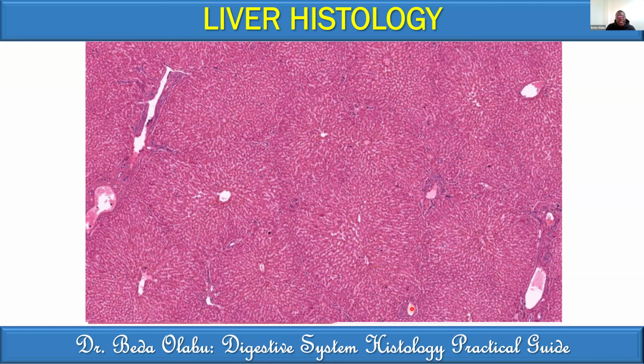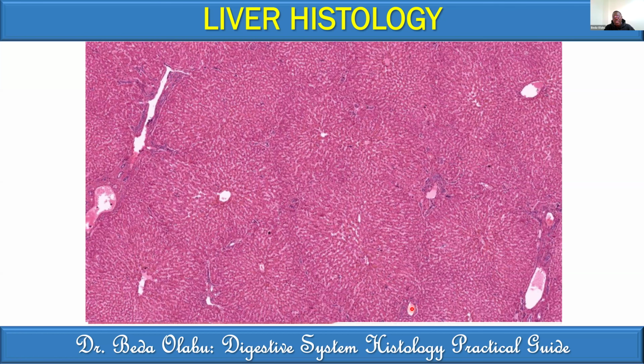Those three components are running together. They tend to run together within the connective tissues that separate the lobules. These three that run together are otherwise termed the portal triad. So when we talk about the portal triad, we're referring to a portal vein or its branch, hepatic artery or its branch, and bile duct or its branch.